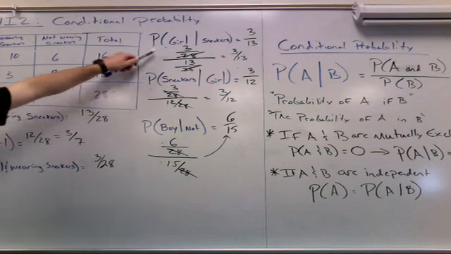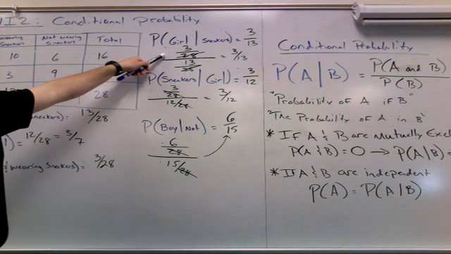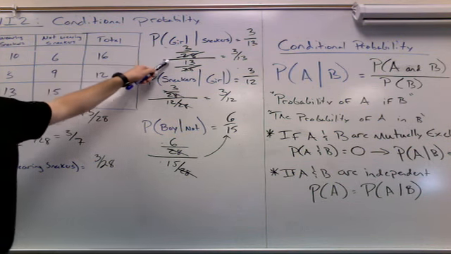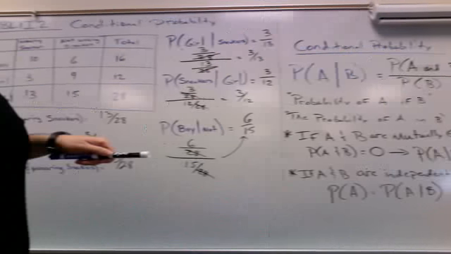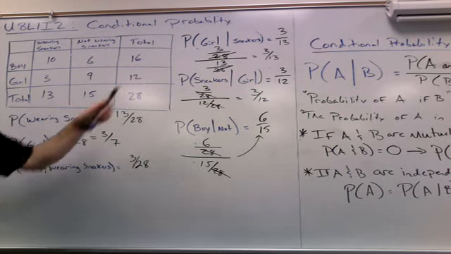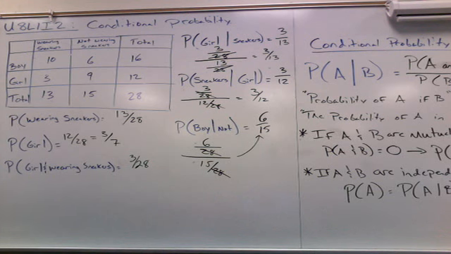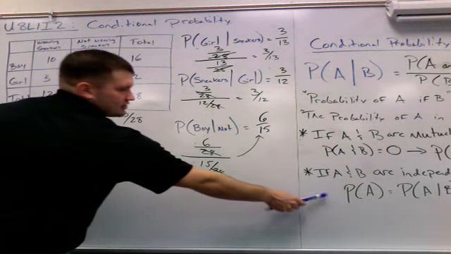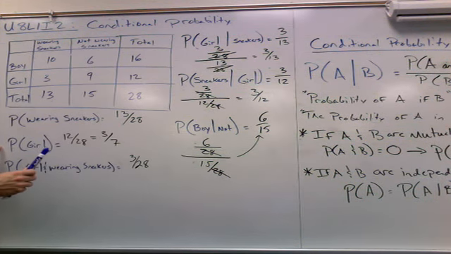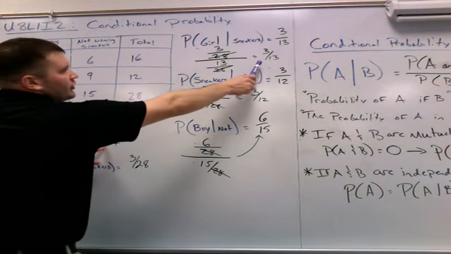So here are the probability of girls and sneakers, or girls if sneakers, right? If this equals the probability of girl, then they're independent. So if probability of girl equals the probability of girl if sneakers, then they're independent because it matches this equation. But they're not. Does 3 over 7 equal 3 over 13?